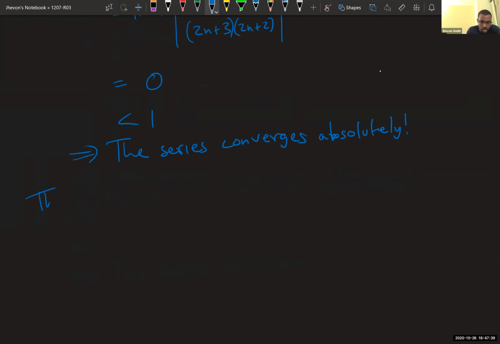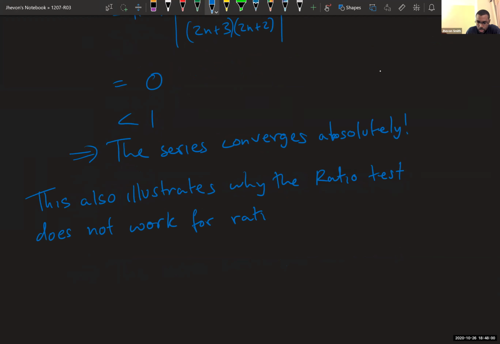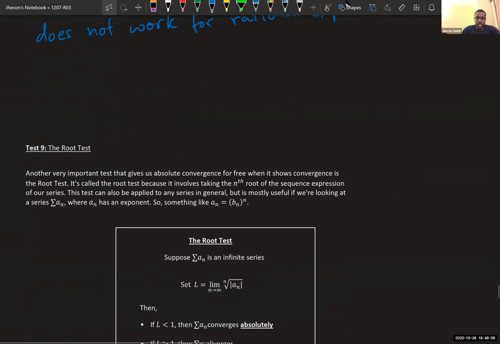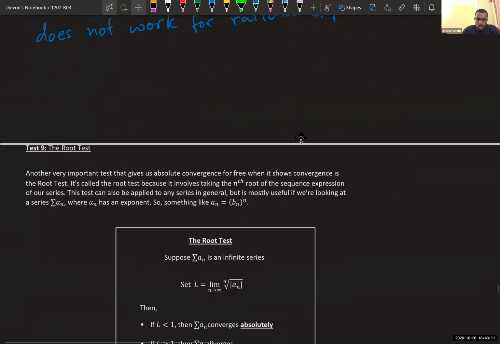This also illustrates why the ratio test does not work for rational expressions. So let's say I had an a_n that was a rational expression.